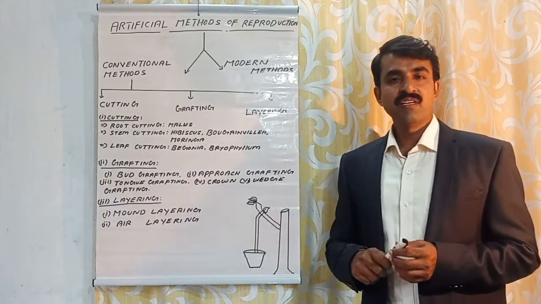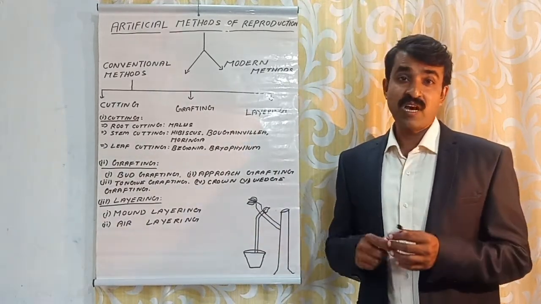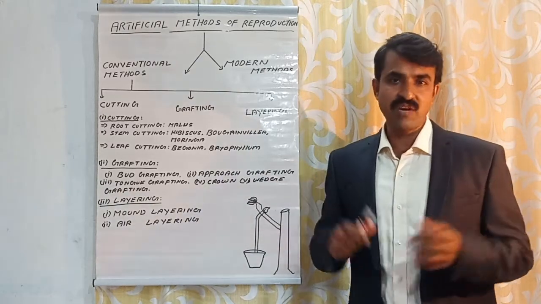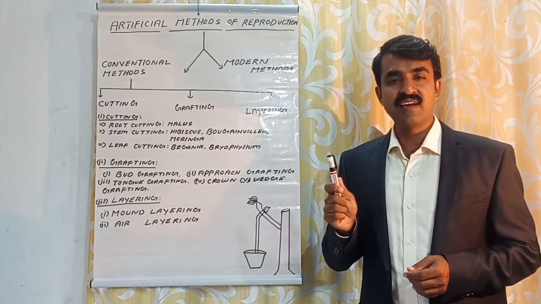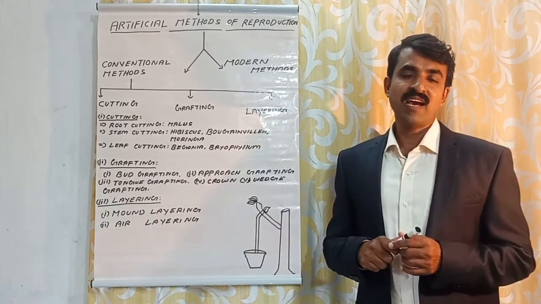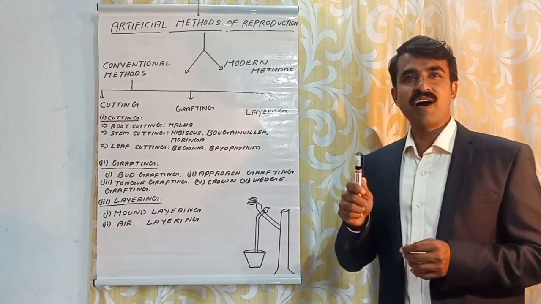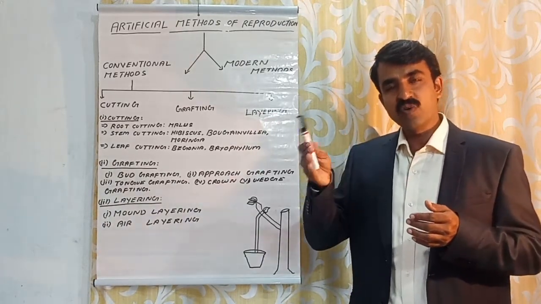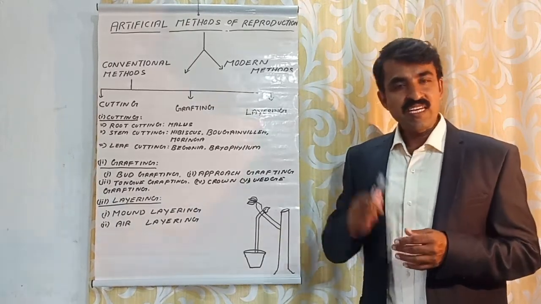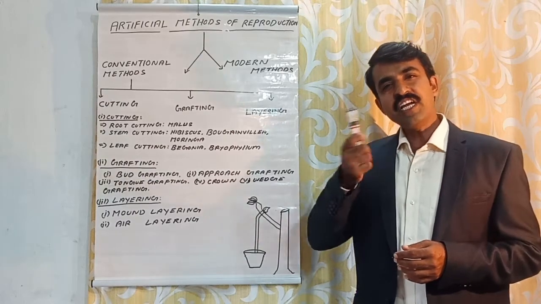Bud grafting. This bud grafting is divided into various types. Under the bud grafting, there are several types, but the most worldwide used are T budding and chip budding. In chip budding, a chip of bark and wood is removed from the smooth surface between the nodes of the stalk. T budding is also known as shield budding.